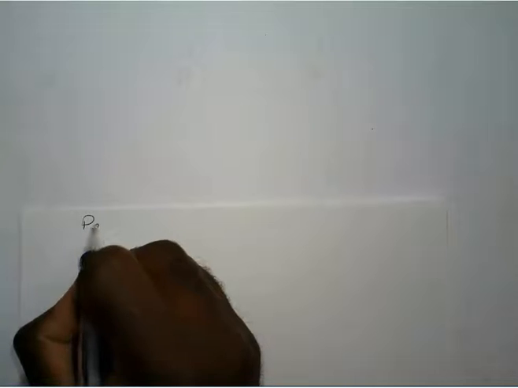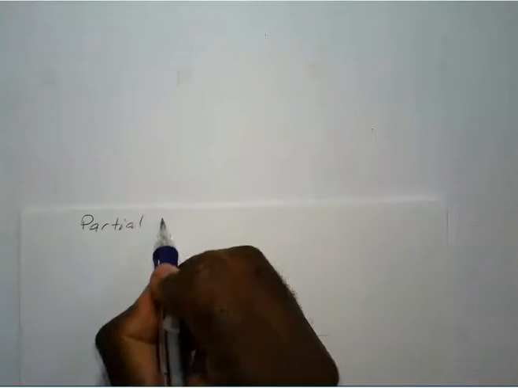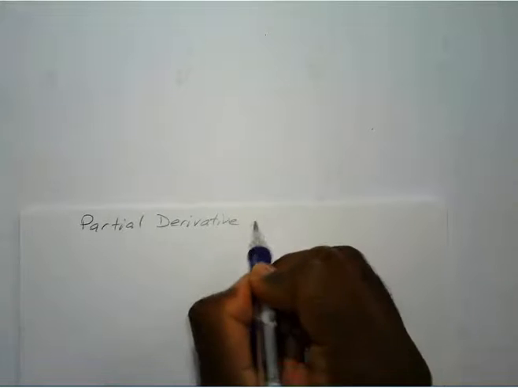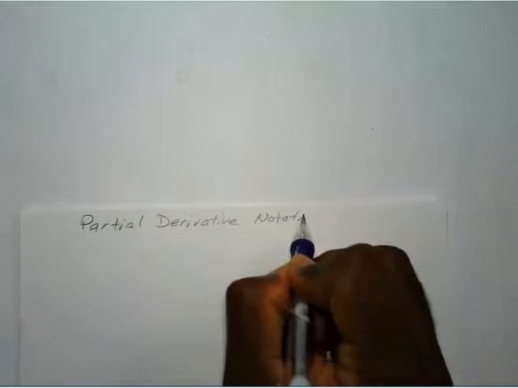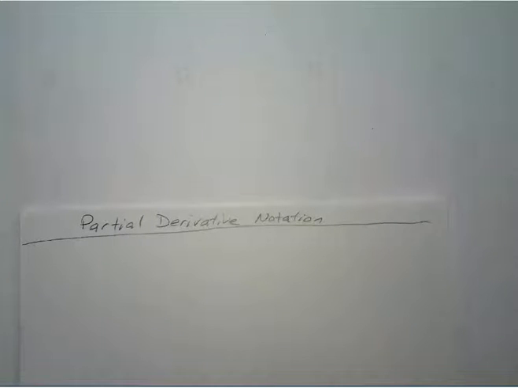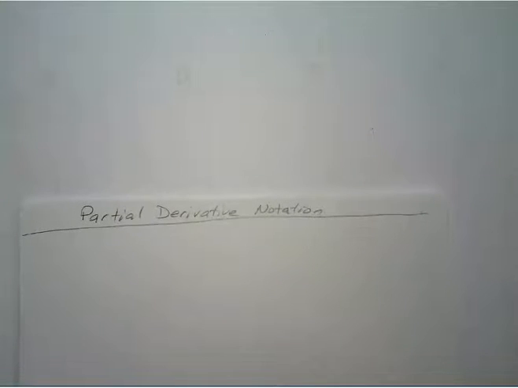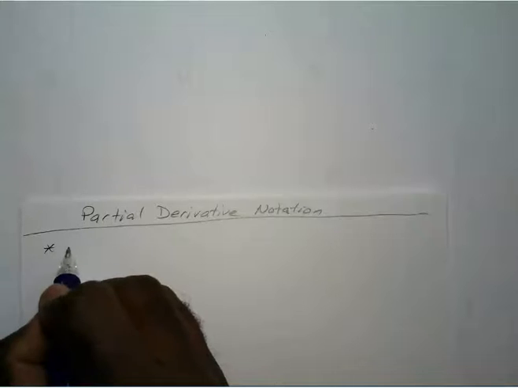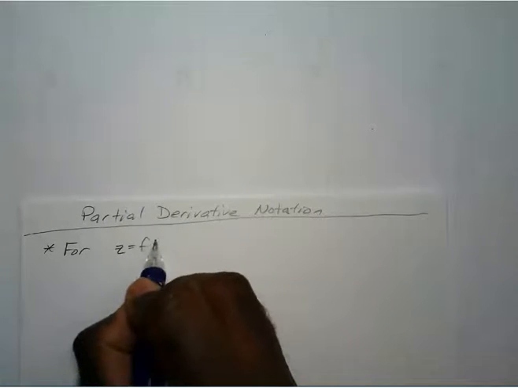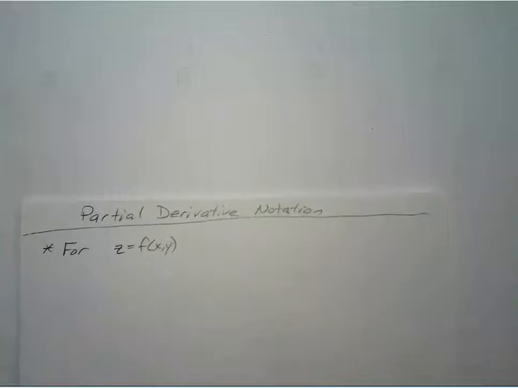Okay, so here we're going to look at our partial derivative notation. Okay, so again, we're going to say that z is equal to a function of x and y.